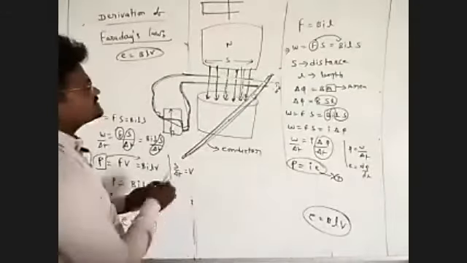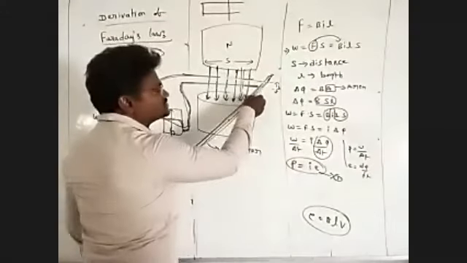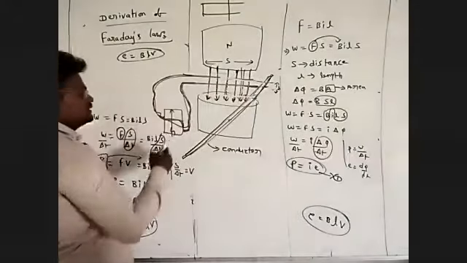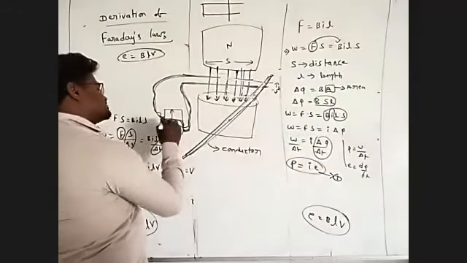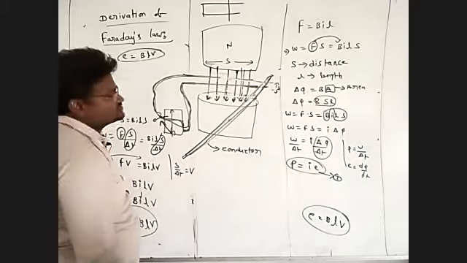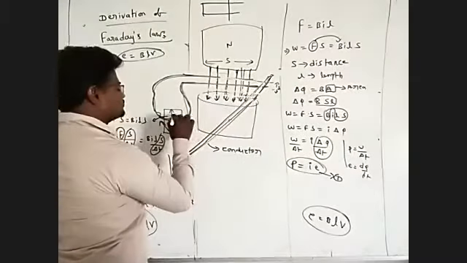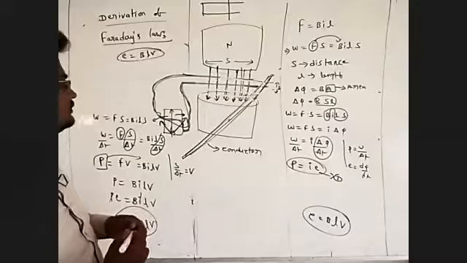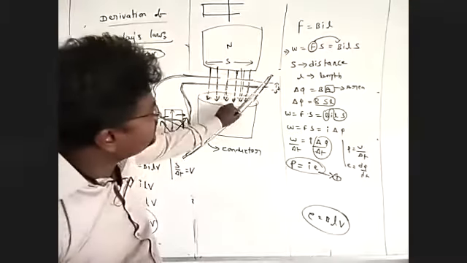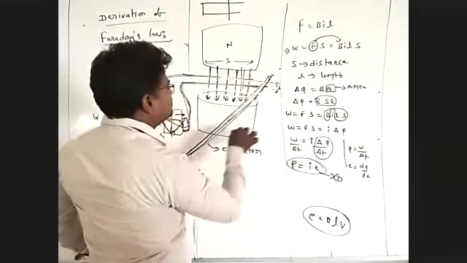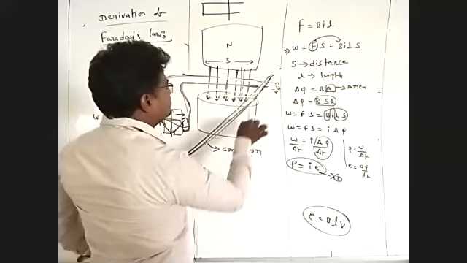Now you will see this connector placed on the parallel conductor. When this connector moves in this direction, the pointer moves in one direction. The circuit is a closed circuit.